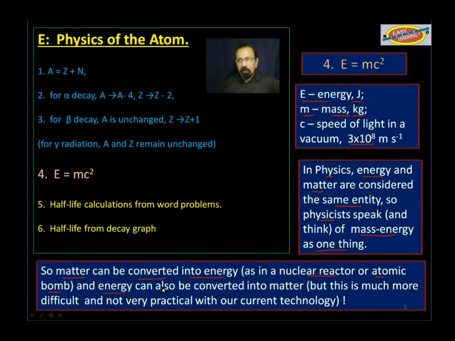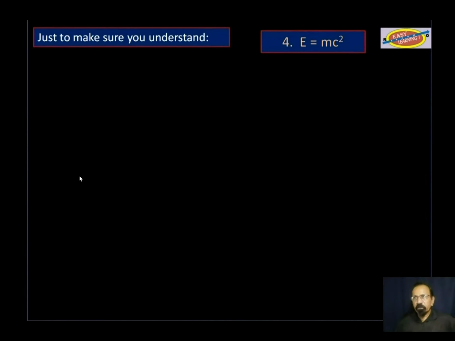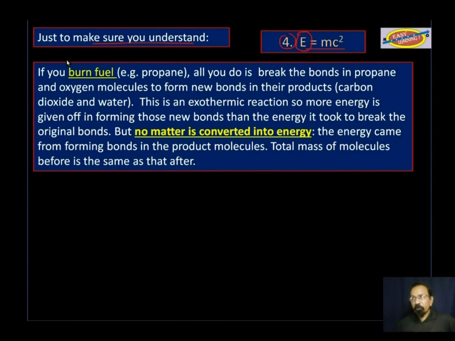And energy can also be converted into matter, but this is much more difficult and not very practical with our current technology. Just to make sure you understand what we are dealing with here in terms of nuclear energy, if you burn fuel, example propane, all you do is break the bonds in the propane molecules and the oxygen molecules, and you form new bonds in their products, which would be carbon dioxide and water.